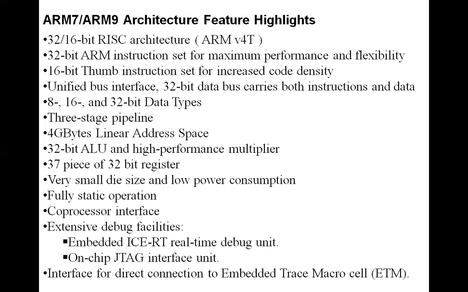Then there is a 16-bit Thumb instruction set for increased code density. As I told you in the first feature description, 32-bit and 16-bit. So here it is a 16-bit Thumb instruction set, which has increased code density. This mode is important for designers and programmers, so they switch the ARM7 from 32-bit to 16-bit and 16-bit to 32-bit.